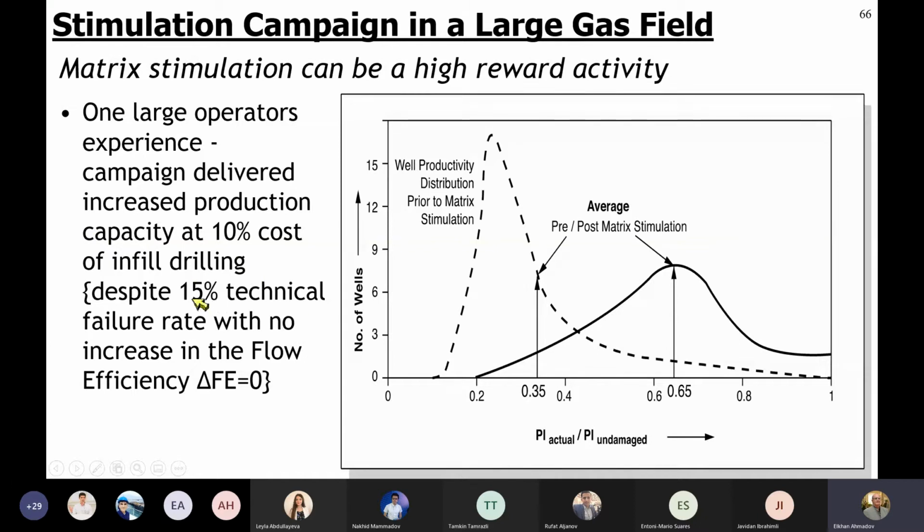Despite that, they got very good results, almost doubling the productivity index, and the majority of the wells had increased productivity as well. So this peak is moved to the left, to the higher production direction.